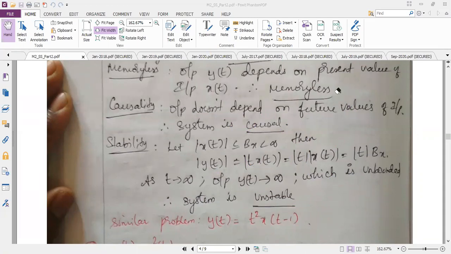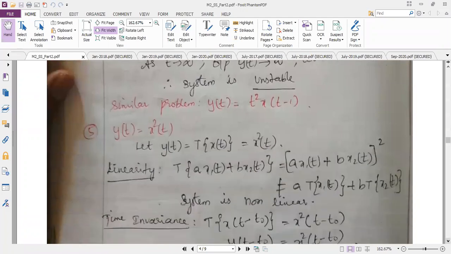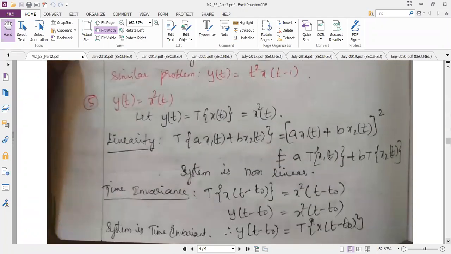For the other three properties, memoryless, causality, and stability, just looking at the question pattern itself, you can reach a conclusion. So if we solve a number of problems, you keep understanding the hint, how to judge by seeing the question itself. Now the next question, from here onwards, you can just see the screen. No need to write it, but I want you to answer me.